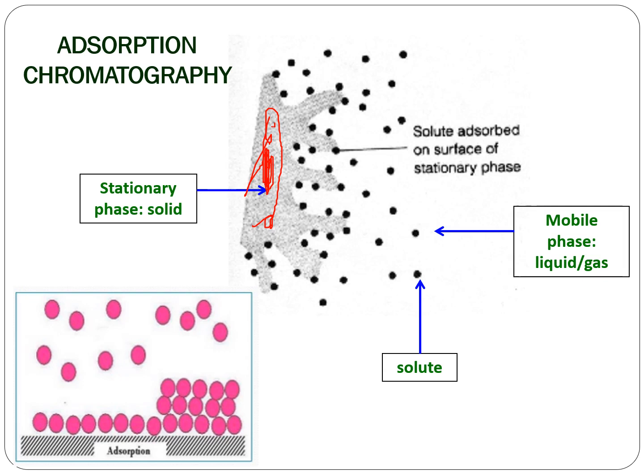And then bila mobile phase, which is in liquid or gas form, along with our mixture, move through the stationary phase, akan ada solute yang melekat, akan ada komponen yang melekat dekat ni dan ada yang tak melekat. Okay, yang tak melekat ni akan elute faster, move faster and elute faster.